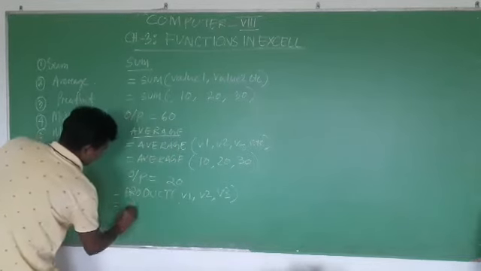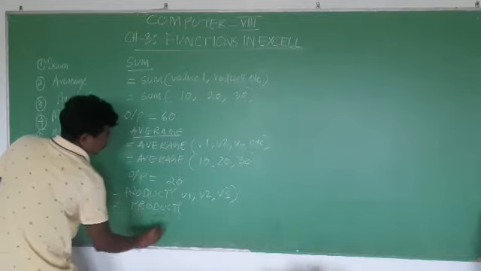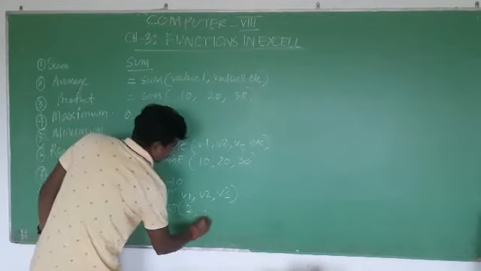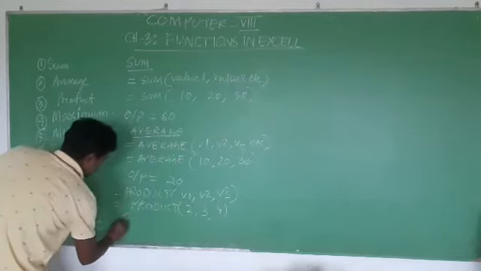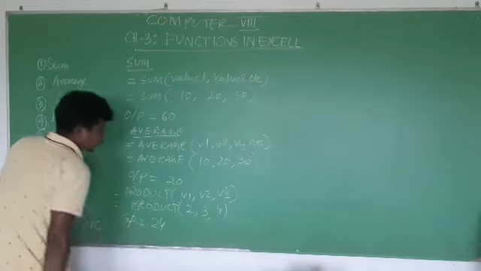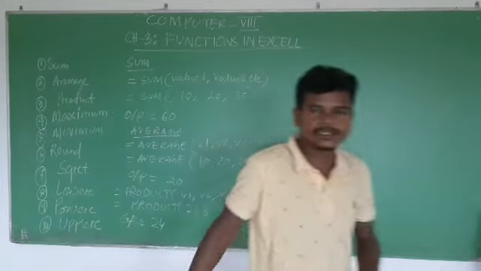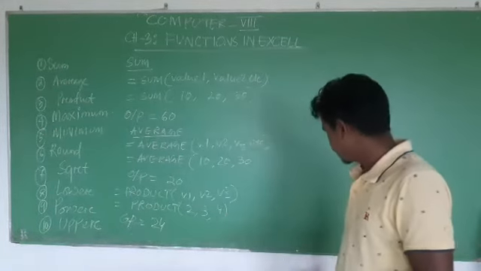Again take product, with values 2, 3, 4. So its output will be how much? 24. 2 into 3 into 4: 2 times 3 is 6, 6 times 4 is 24.